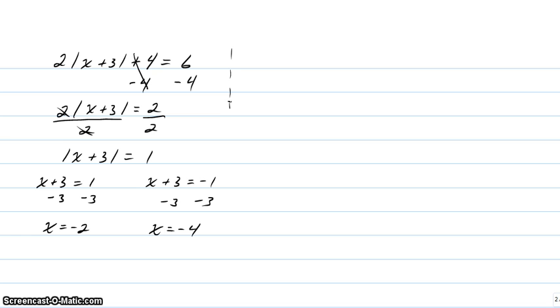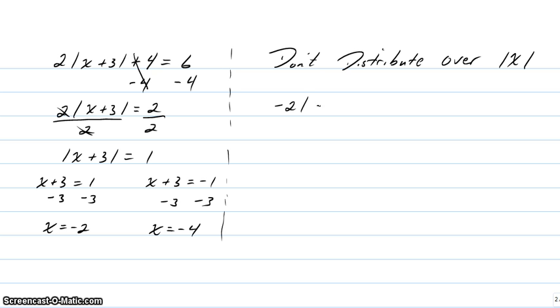All right, so why don't we distribute? We're going to have a general rule of not distributing over an absolute value. And the reason goes something like this. If I have the absolute value of negative 2 times x plus 3 equals, let's call it 6.